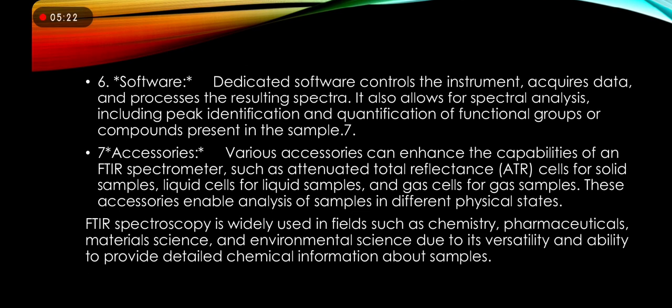Software. Dedicated software controls the instrument and processes the resulting spectra. It also allows for spectral analysis, including peak identification and quantification of functional groups or compounds present in the sample.